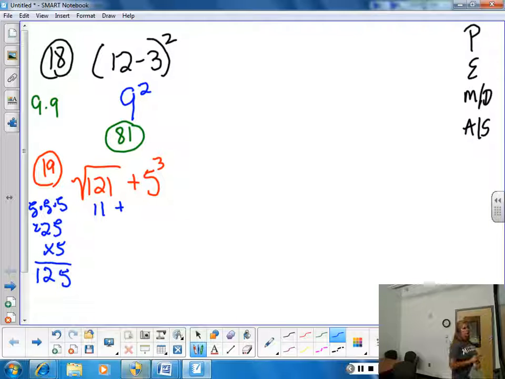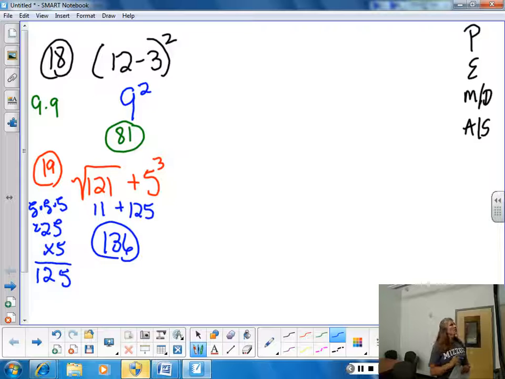So 125. So we'll have 125 plus 11, which is 136. Simplify both parts and then add them together.